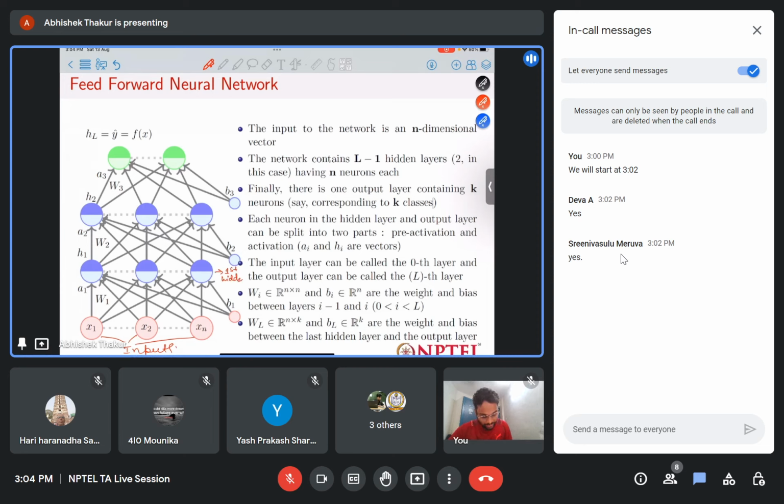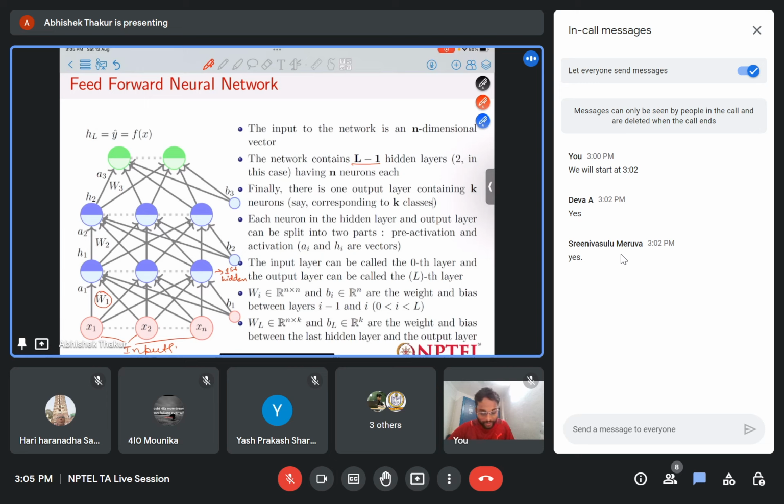In this network there are L minus 1 hidden layers, with the total number of layers being L. Here there are three layers, so two hidden layers, that is L minus 1.